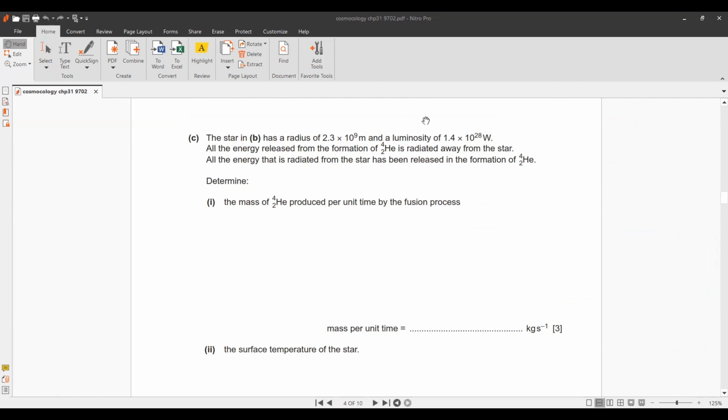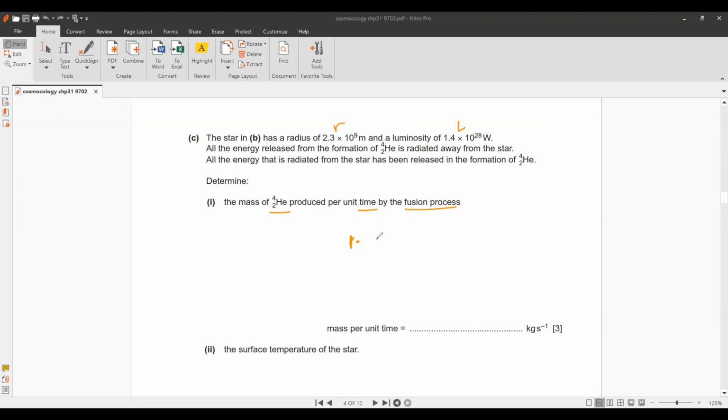Okay, next part they have asked us: the star has a radius of this, and the luminosity of the star is this. R is given as this. Luminosity is all the energy released per unit time by the fusion process. So first of all, we will find the power per unit time.